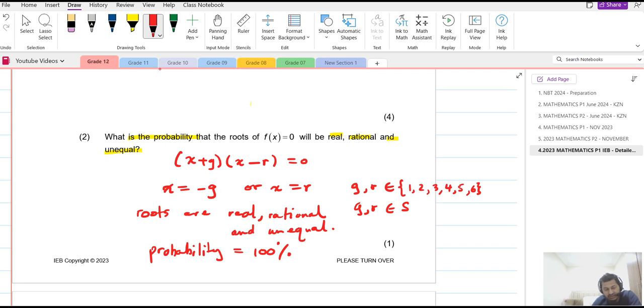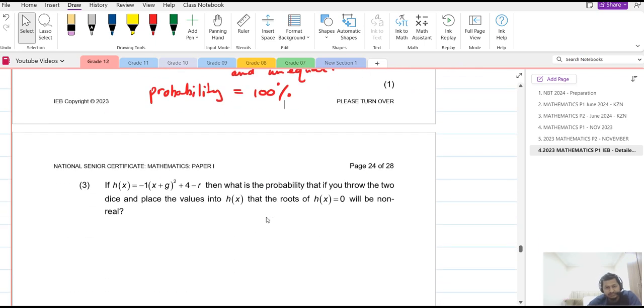Are these real numbers? Yes. Are they rational? Yes. And they are unequal. Yes, they will always be unequal because this is negative and that's positive. They are rational because they can be written as a fraction. They are real because natural numbers are real numbers. I hope you guys are understanding.